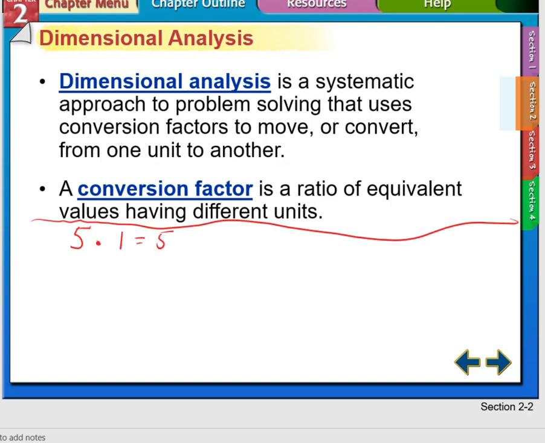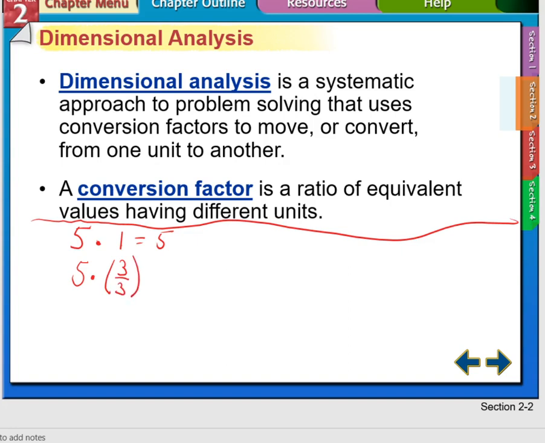You're allowed to multiply by 1 anytime, and it doesn't change the innate value of the number, right? So suppose we multiply that same 5 by 3 over 3.